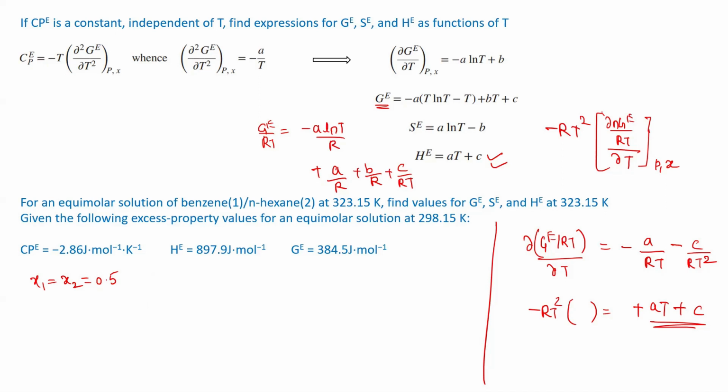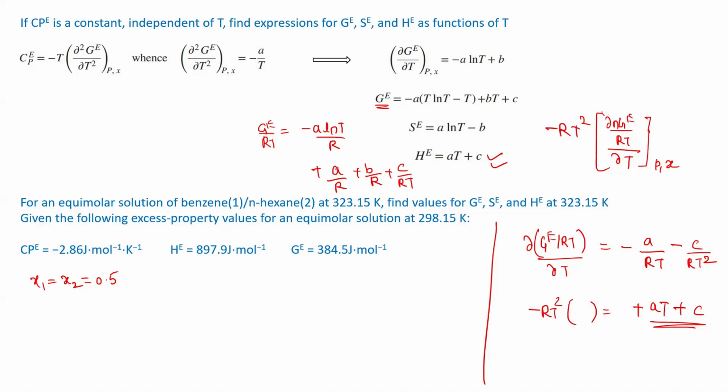So we have values of these properties at some temperature. We want to know at some other, different temperature, using the equations we have already derived above.